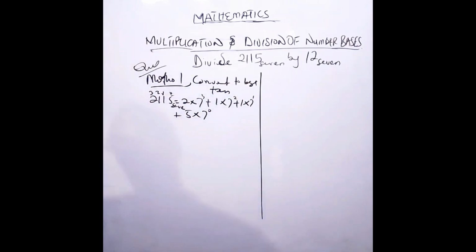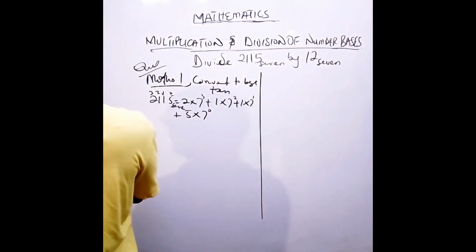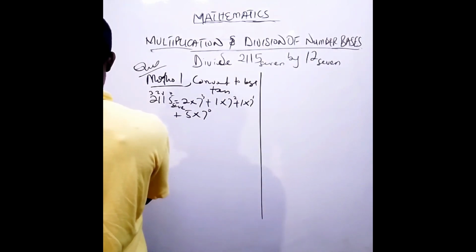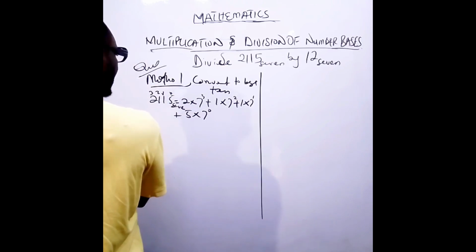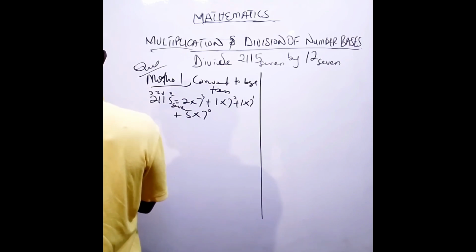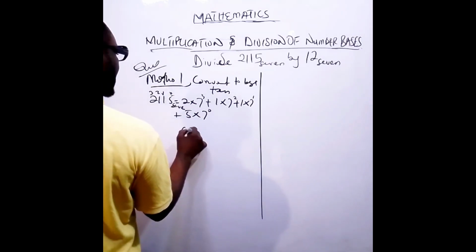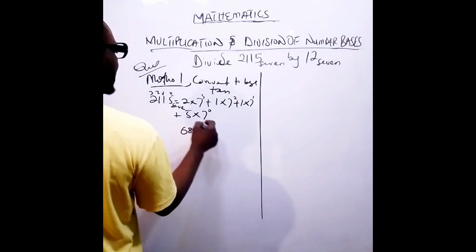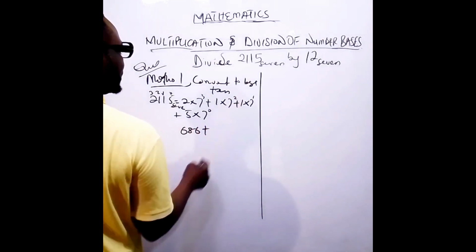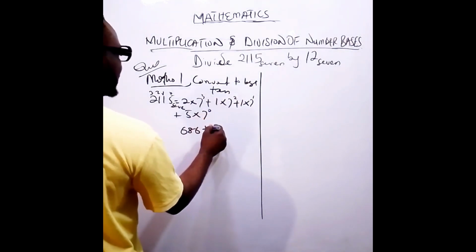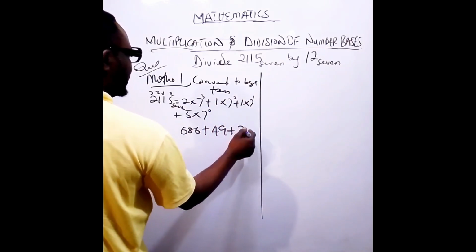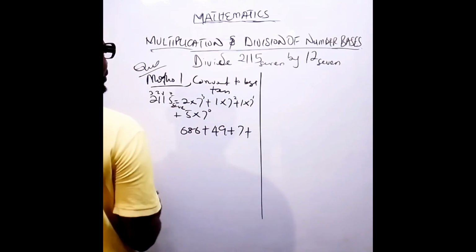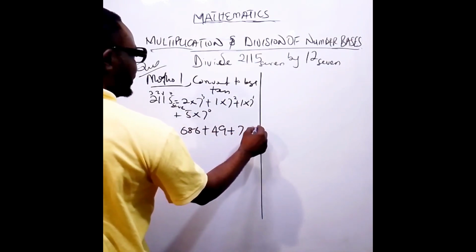7 raised to 3 gives us 343, multiplied by 2 gives us 686, plus 7 raised to 2, 7 times 7 is 49, 49 times 1 is 49, plus 7 raised to 1 is 7 times 1 is 7, plus 7 raised to 0 is 1 times 5 is 5.